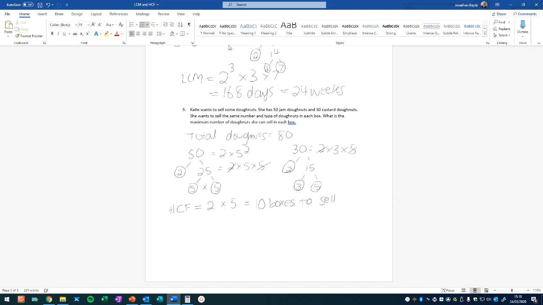Now if she has 80 donuts, that means she's going to sell 80 over 10, 8 donuts per box. And we could go a step further and say, so in each box she'll have 5 jam plus 3 custard. And because everybody likes a good donut, she'll probably make a killer profit.